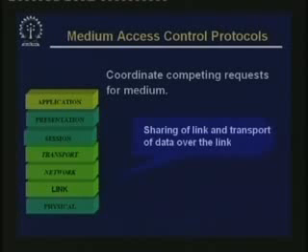When we share a link, there is a question of competing requests, and we have to have some way of resolving that. And of course, there is also a question of transport of data over a link. When we say a link, we mean two nodes which are connected; the nodes may be computers, routers, switches, etc. The two networking nodes are directly connected.